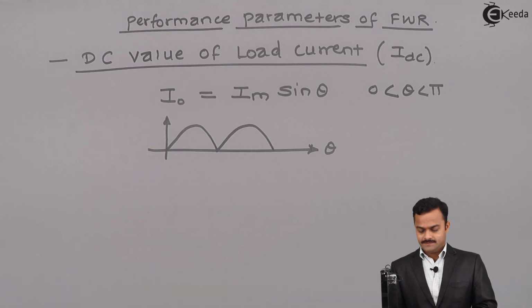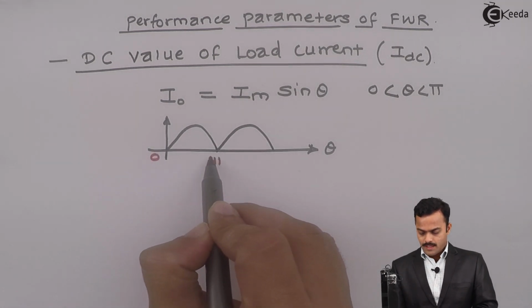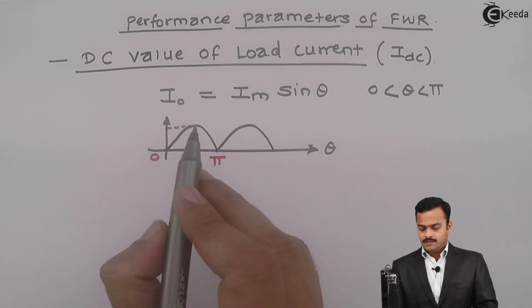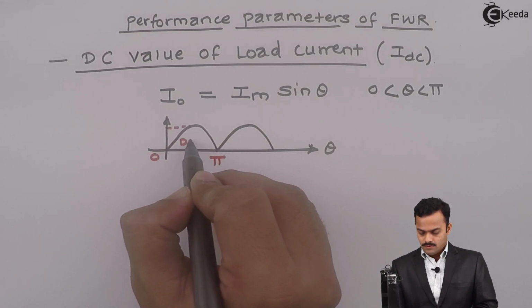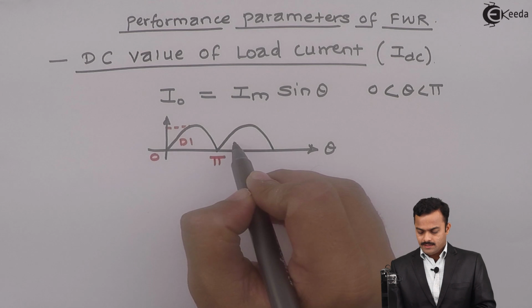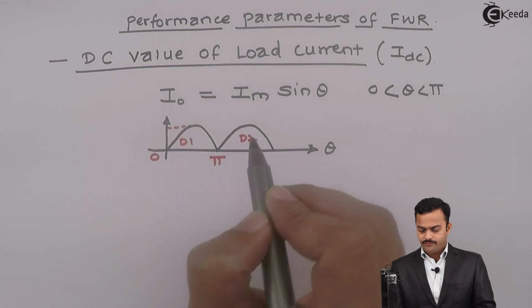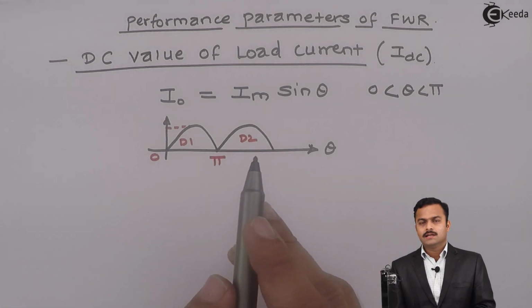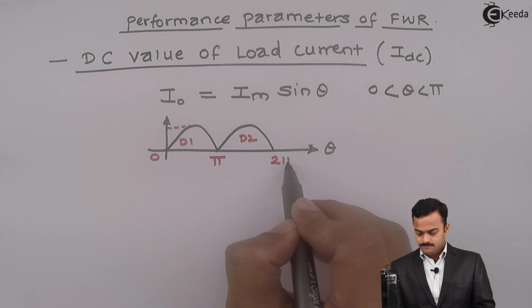So it is like this: 0 to pi, current is flowing because D1 conducts in center tap rectifier, and in bridge rectifier D1 D2 both conduct. Similarly, in negative half cycle I am getting a waveform because D2 conducts in case of a center tap rectifier, and for bridge rectifier D3 D4 conduct.